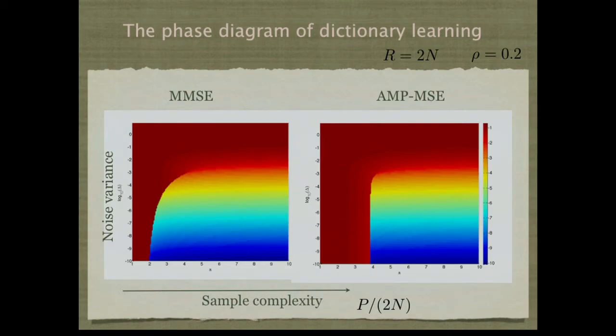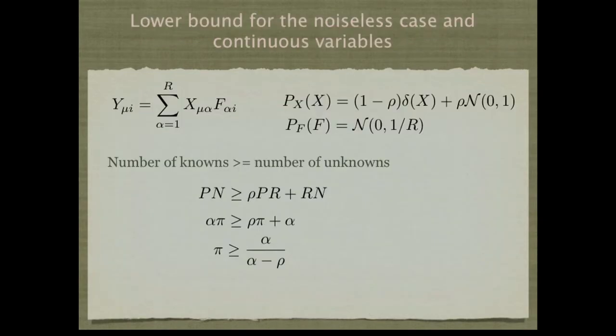Where would this phase transition be? At least I can have a very elementary lower bound of where the phase transition can be. That's if I have no noise and the variables of X and F are continuous. Then basically what needs to be true so that I can recover F and X from Y is that at least the number of elements in Y should be bigger than the number of elements I try to recover, right?